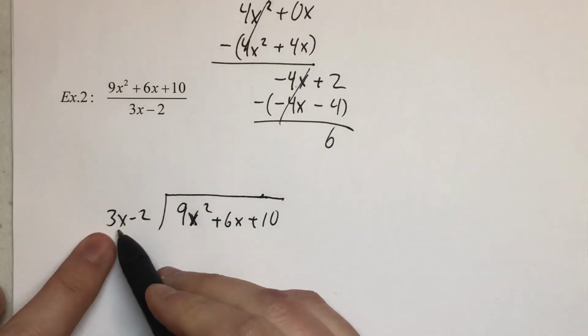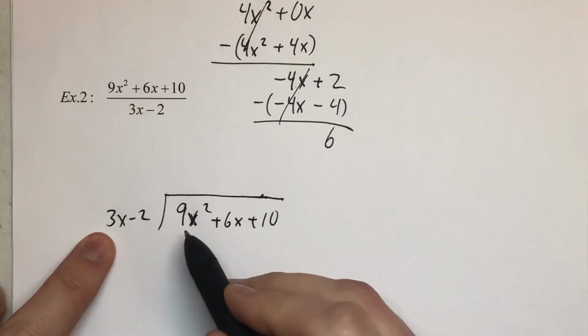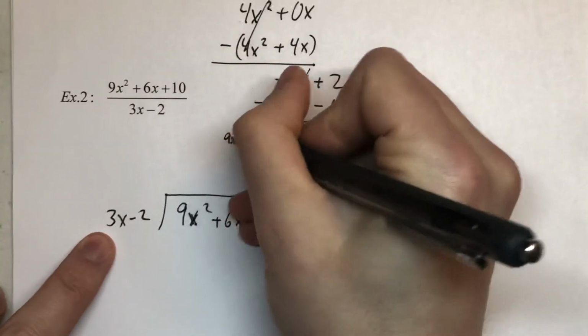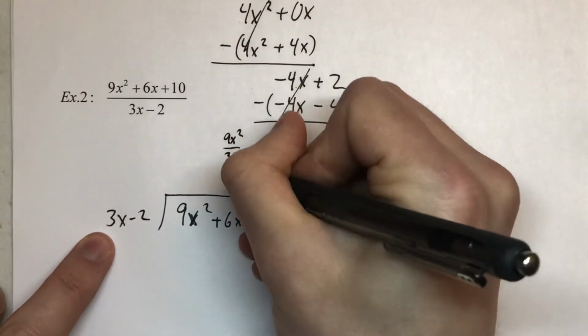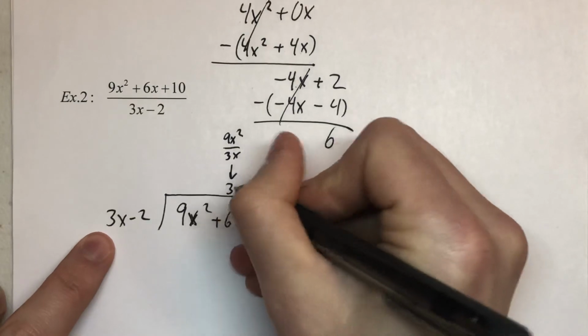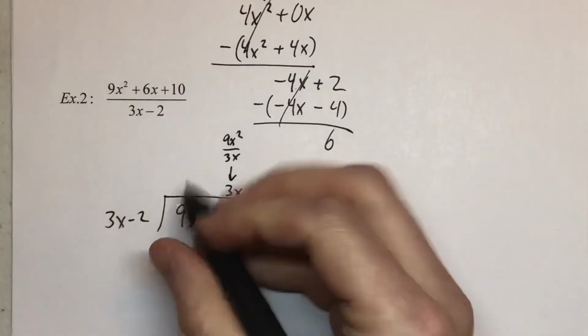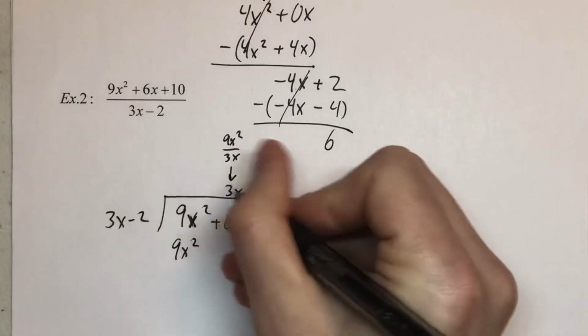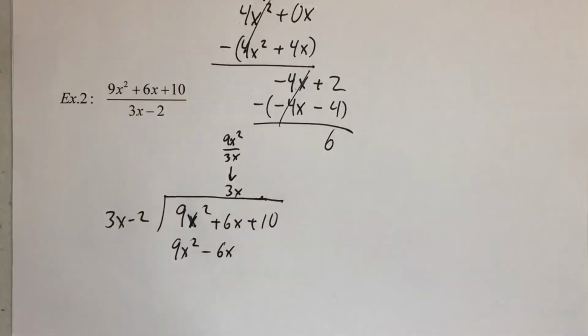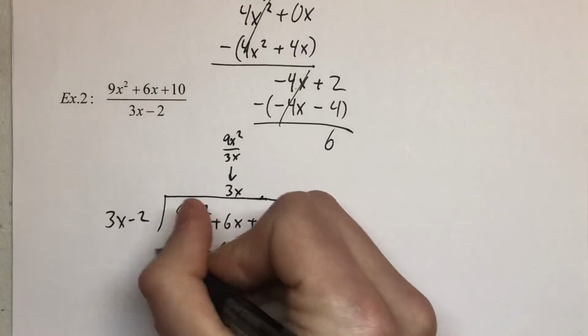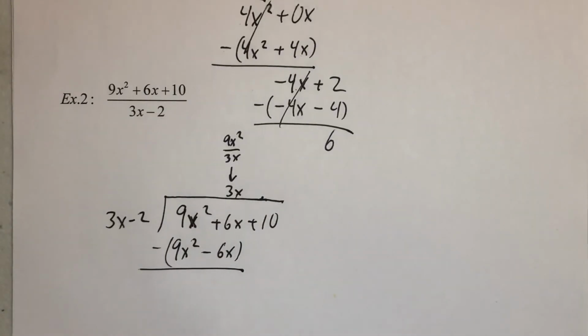So same question, 3x times what gives you 9x squared? Or 9x squared divided by 3x is what we want, which would be, in this case, 3x. 3x times both terms gives me a 9x squared and a minus 6x, which we will then subtract.